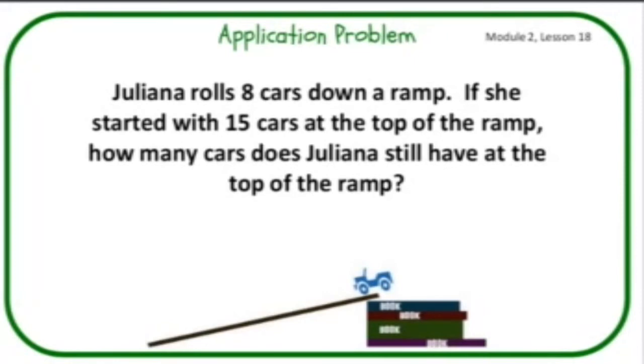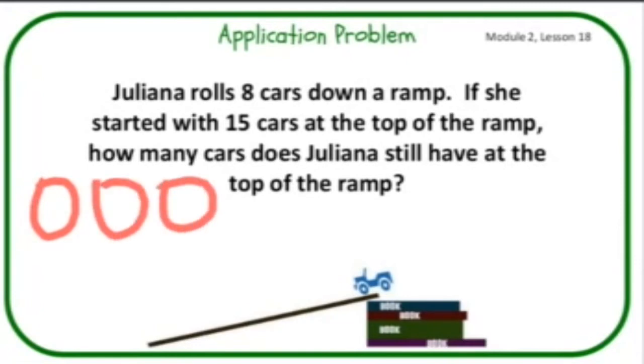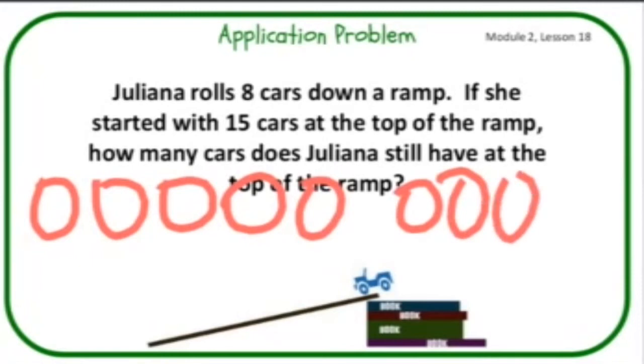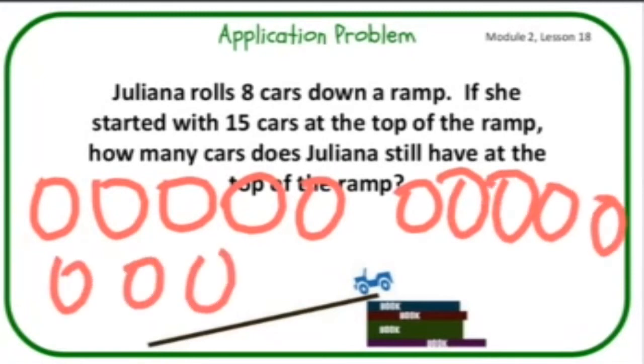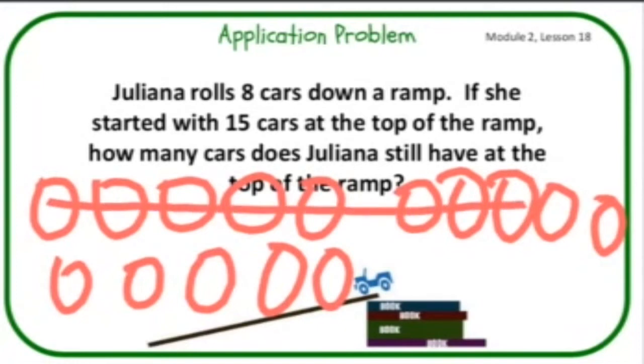So I'll write my 15 out, or draw my 15 out using my 5 group drawings. So this is 5, 6, 7, 8, 9, 10, 11, 12, 13, 14, 15. Now she rolls 8 cars down the ramp, so I'll cross out the 8. Very good.